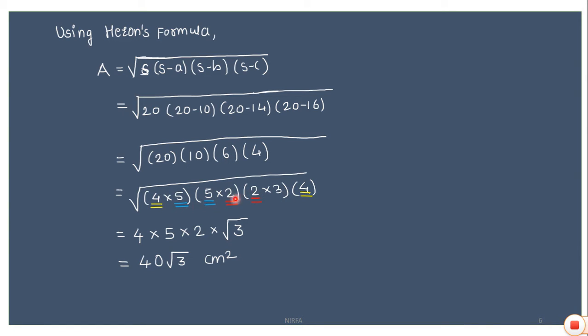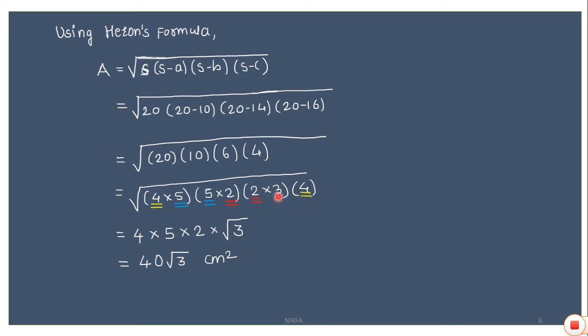Why I am doing like this? Because in the square root, when 4 multiplies 2 times, then it is a square of 4, and its square root is 4. So when 4 multiplies 2 times in the square root, I can write its answer as a single 4. 5 multiplies 2 times under the square root, so I can write the answer as 5. 2 multiplies 2 times under the square root, so its answer I can write 2.